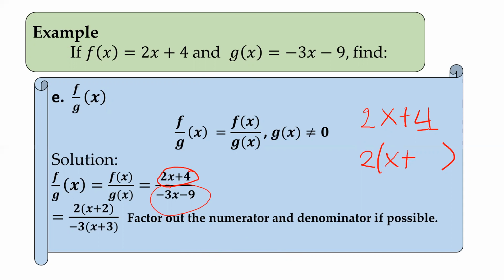Positive. Ano yung iiwan natin dito sa loob na mag-result siya ng positive 4? Of course, 4 divide 2, that is 2. Therefore, 2. 2 times 2, that is 4. Therefore, the final answer for the numerator here is 2 times x plus 2.